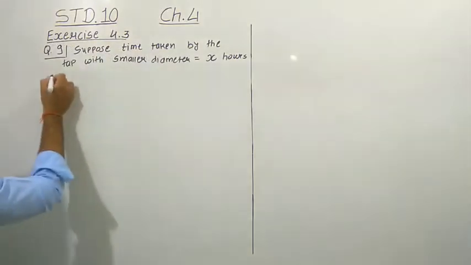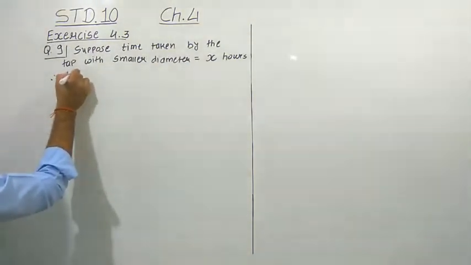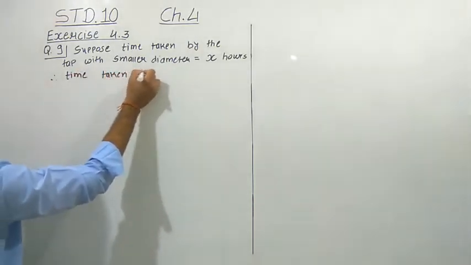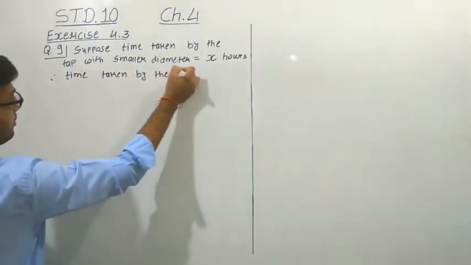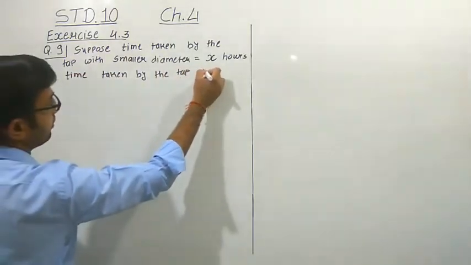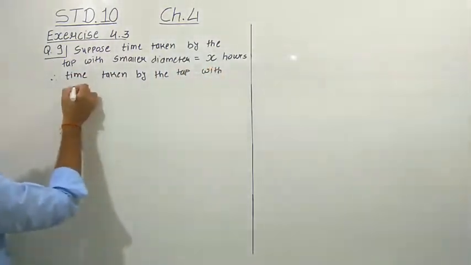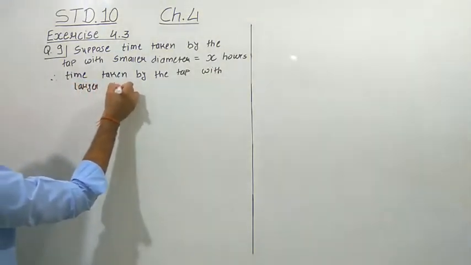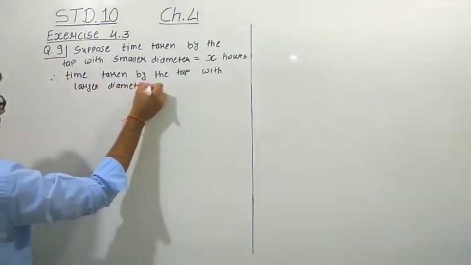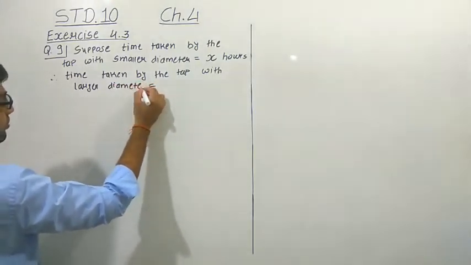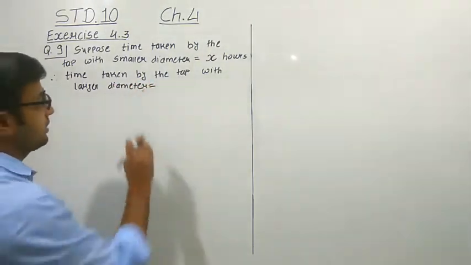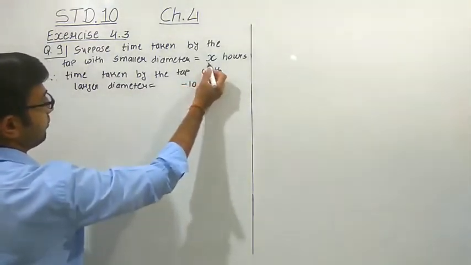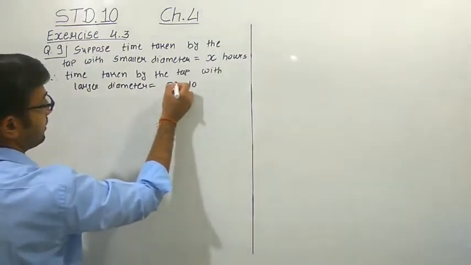So here we can write down, therefore time taken by the tap with larger diameter is equals to how much time it will take? 10 hours less, that means minus 10 from this time x, so x minus 10.